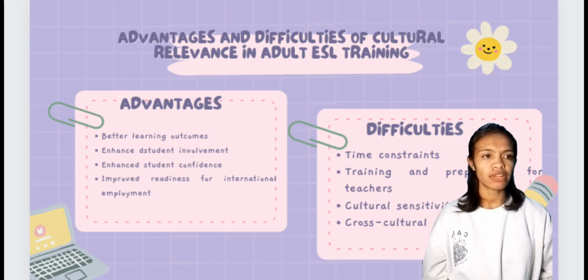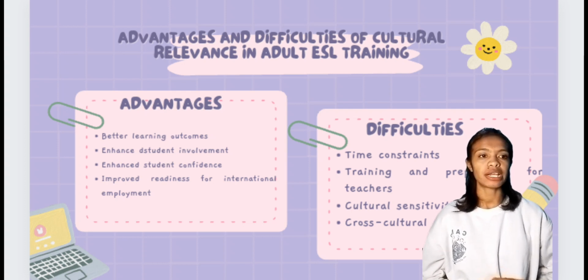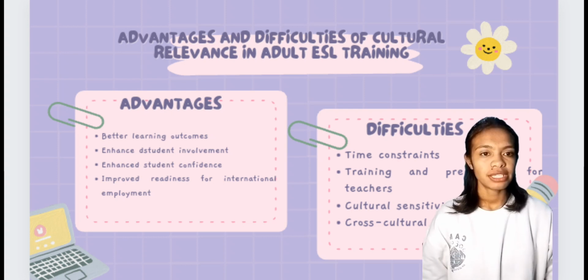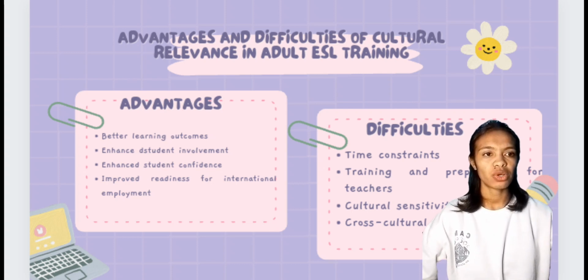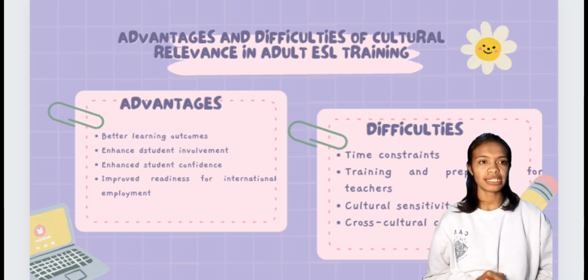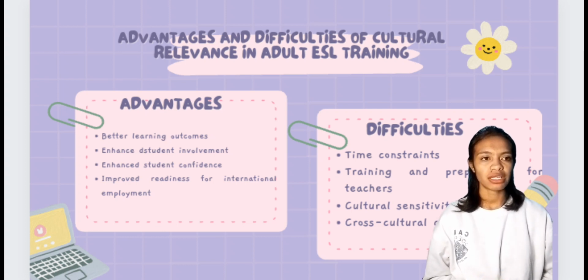It can be difficult for teachers to successfully integrate cultural relevance into their lesson plans, therefore, they may require additional training and preparation. The third, cultural sensitivity. Teachers must be cognizant of and sensitive to the cultural diversity among their students, which may necessitate further preparation and training.